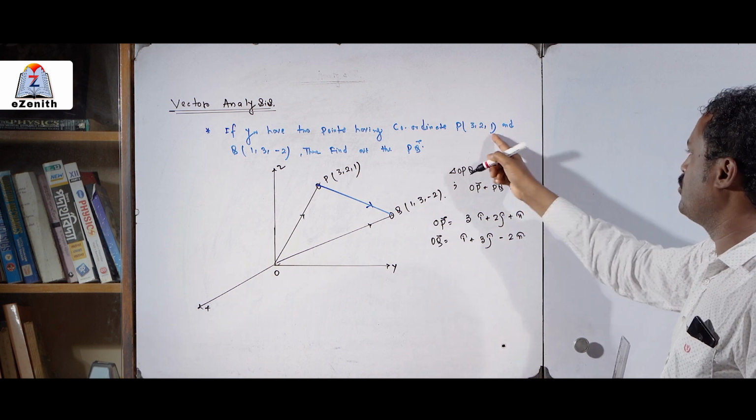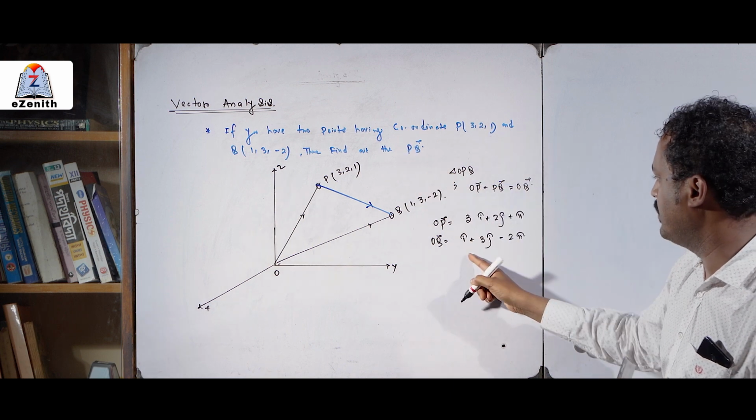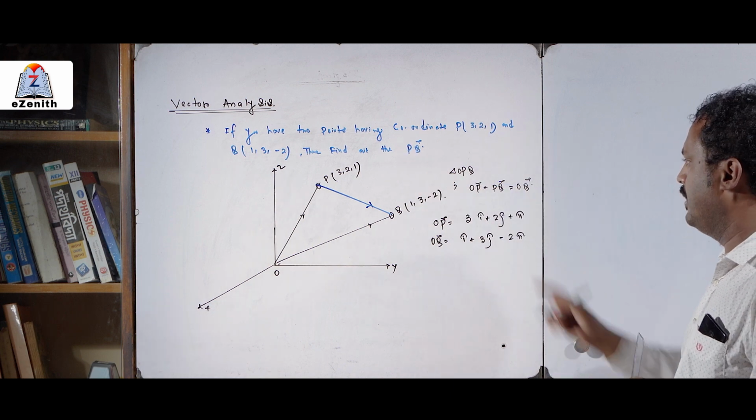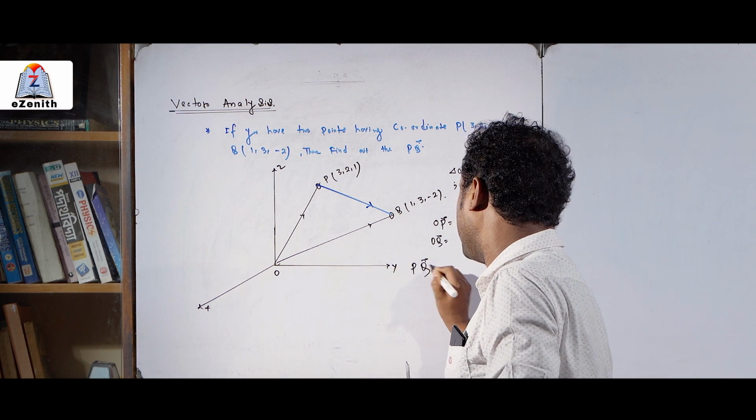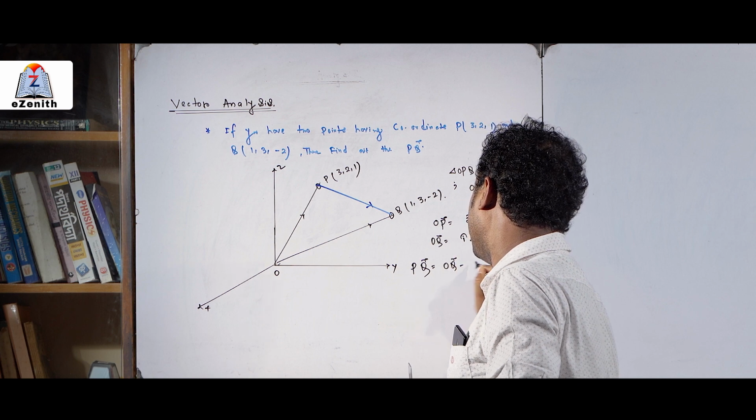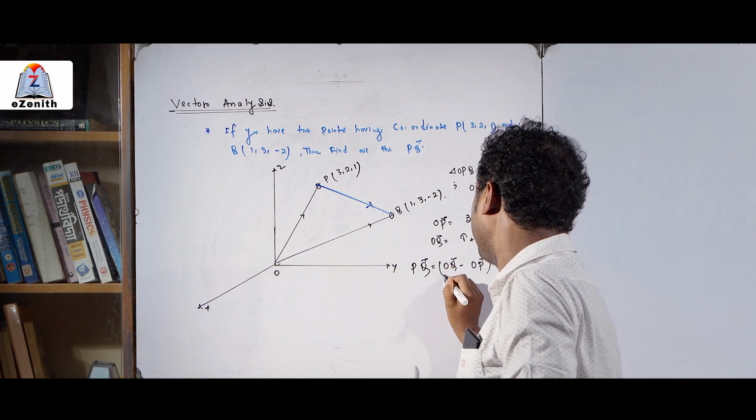First point is (3, 2, 1) and second point is (1, 3, -2). Then we have to find out the PQ vector. That is simple. PQ vector is equal to OQ vector minus OP vector.